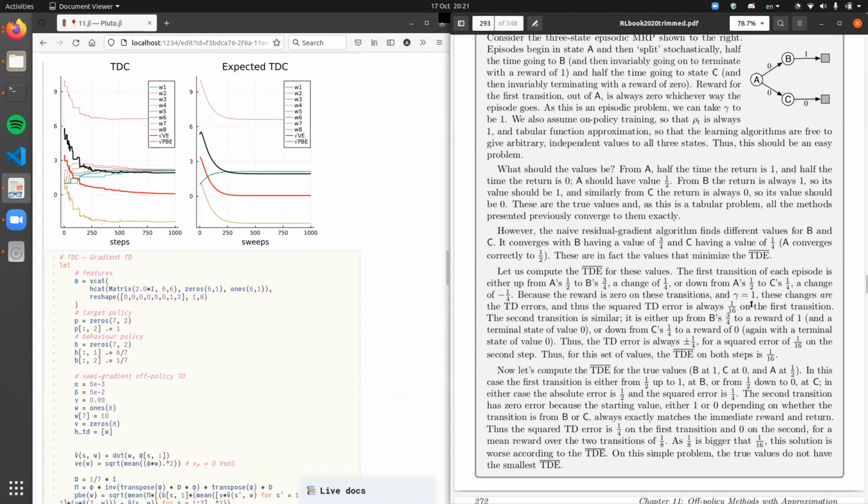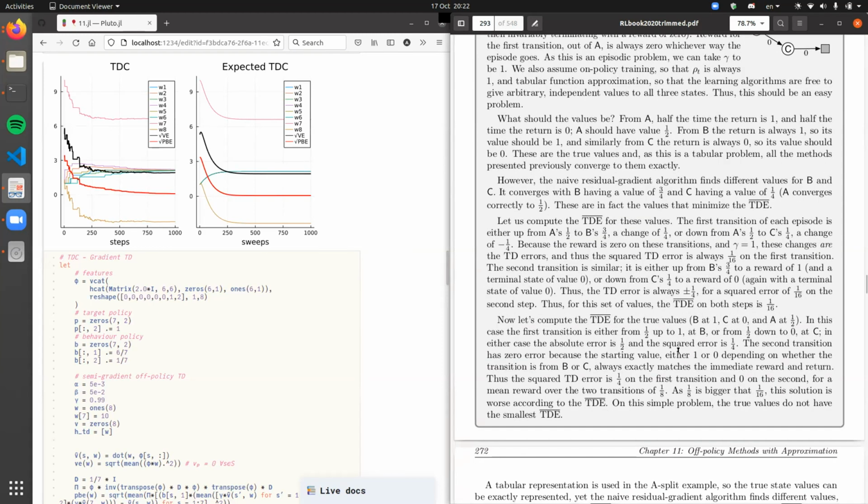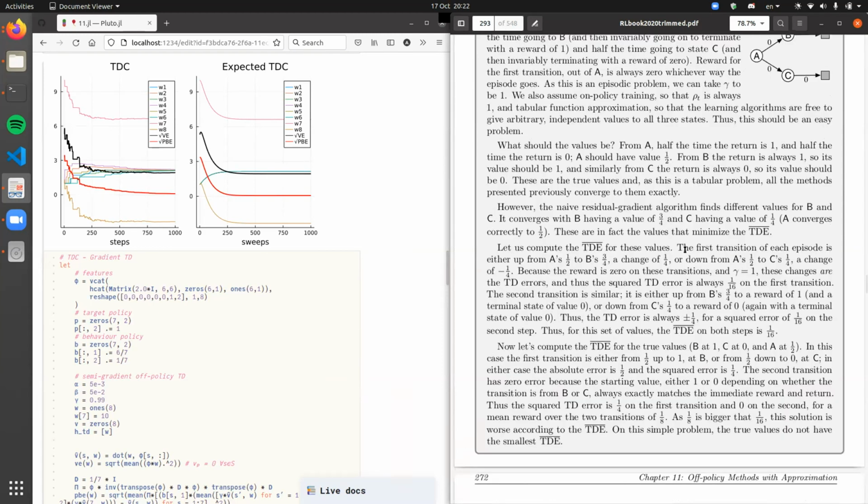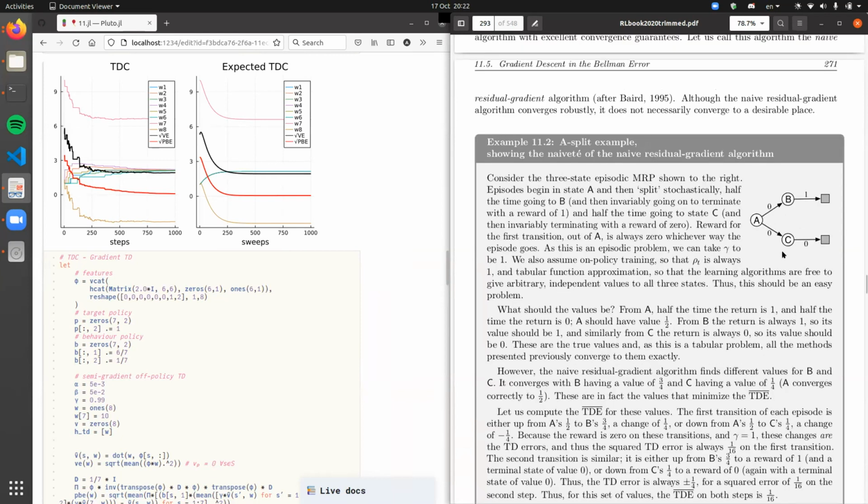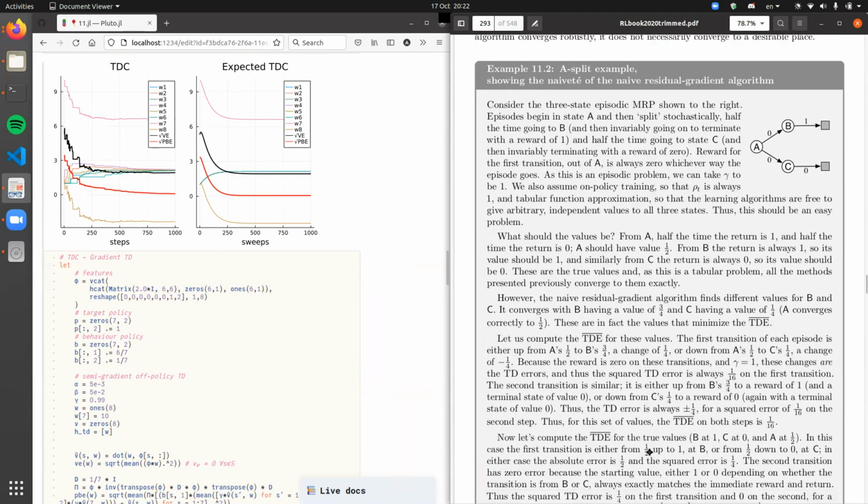They write it down and show that indeed the TD error will be minimized by this solution, with 3/4 for B and 1/4 for C, while if we set B and C to be the true values for this MDP, the TD error will indeed increase.